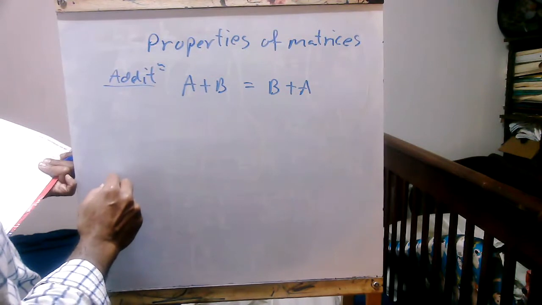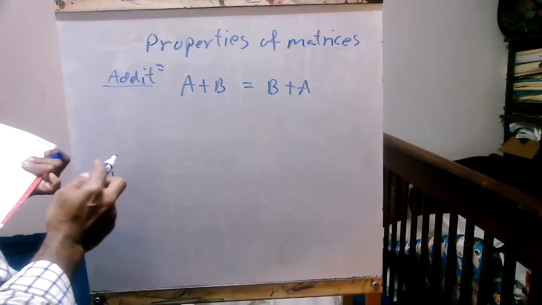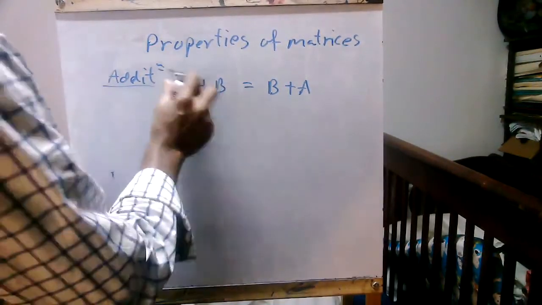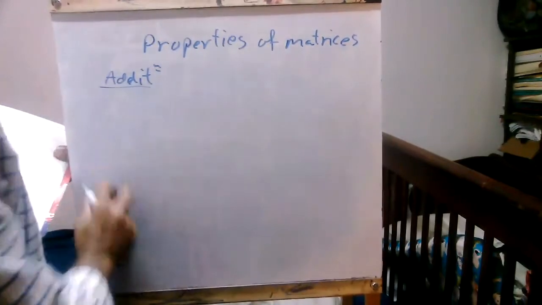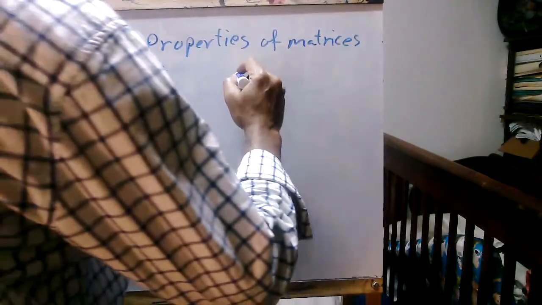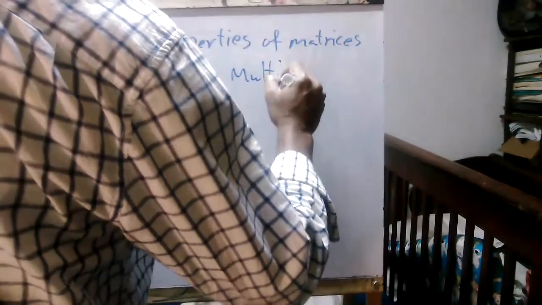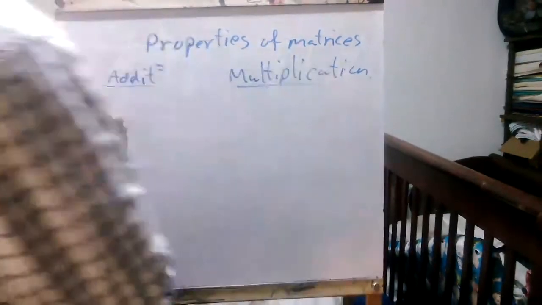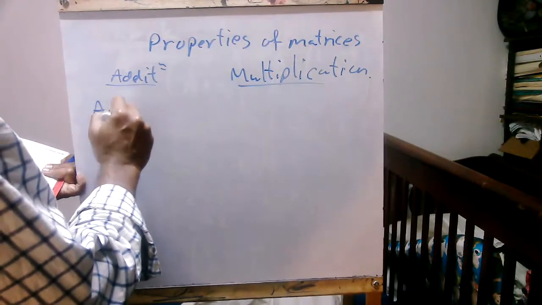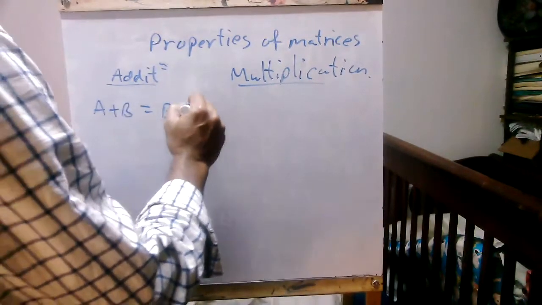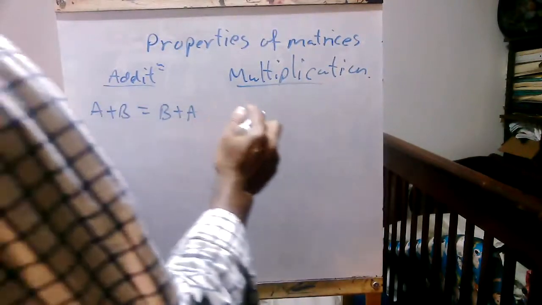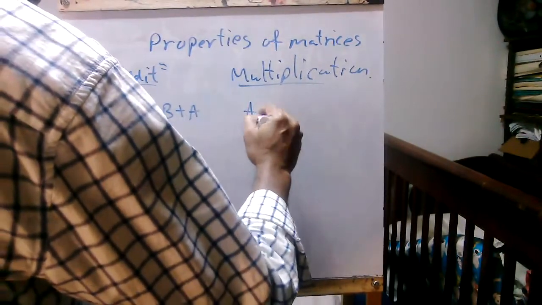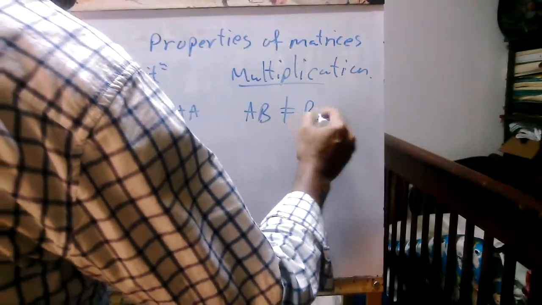Under multiplication, we do it in this way. I write addition here and multiplication over here. A plus B equals B plus A. It is commutative, but under multiplication it is not commutative, meaning AB is not equal to BA.